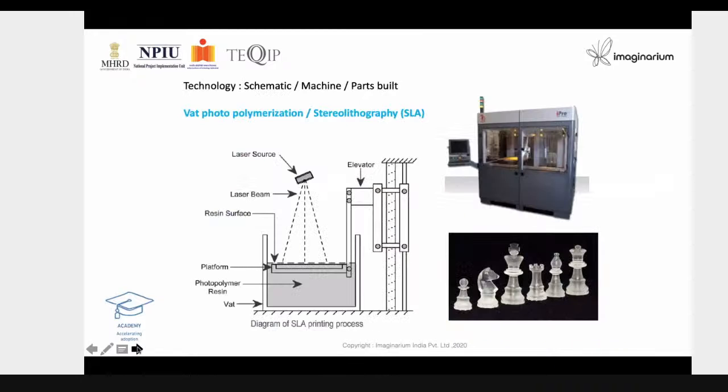So this is the first technology called VAT photopolymerization. So when a monomer is exposed to a UV light, it takes the energy and begins the polymerization instantaneously. So it's a photoreaction, a photochemical reaction that is occurring, which is used in this particular technology.